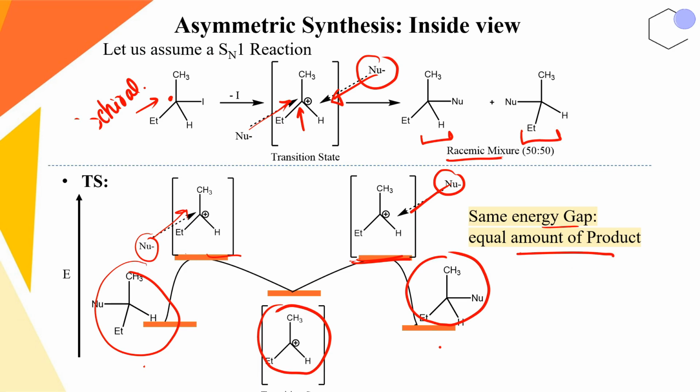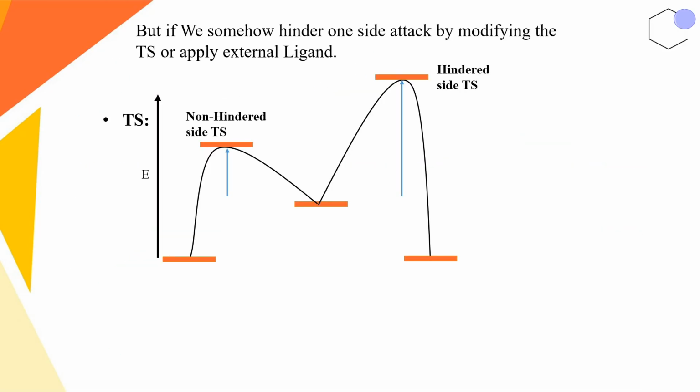Now if we add a chiral influence here, maybe that chiral influence can create some kind of steric bulk on one of the sides. For example, if we somehow hinder one side of the attack, the chiral influence hinders here. This is a chiral influence.